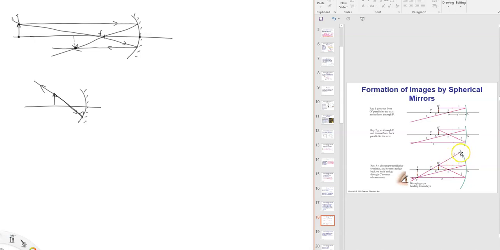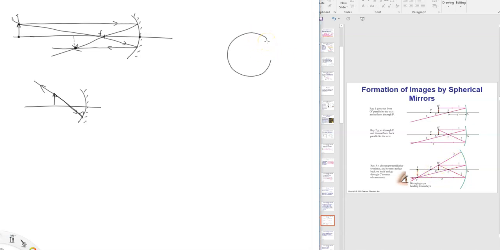Actually, if something is to be perpendicular to the surface, this comes from geometry of circles, right? It has to go through the center. Anything that goes through the center, you draw a line going through the center, that becomes perpendicular to the surface, to the circumference.